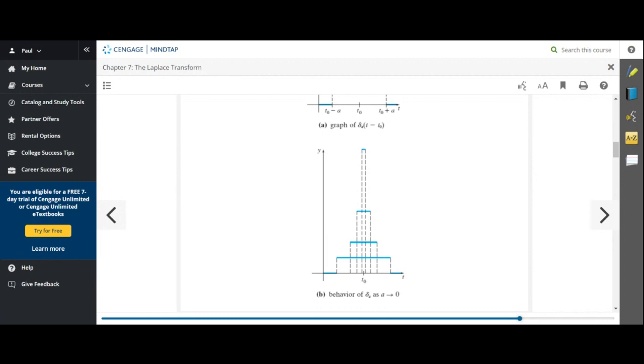What would happen to that spike as a goes to 0? What would the height of that spike equal? That's correct.